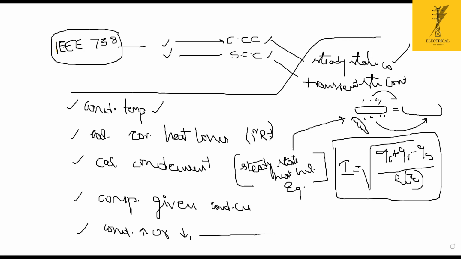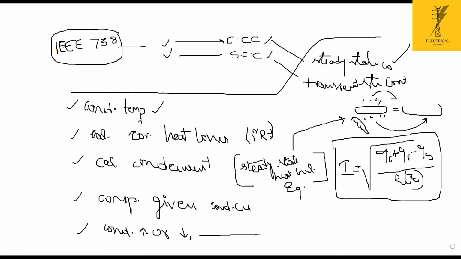To know the current carrying capacity of the conductor under your geographical conditions, wind speed, solar radiation, latitude, and longitude all come into the picture. You have to do the thermal steady state calculation. First, I assume some conductor temperature and calculate the heat losses.